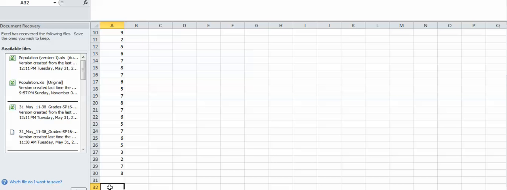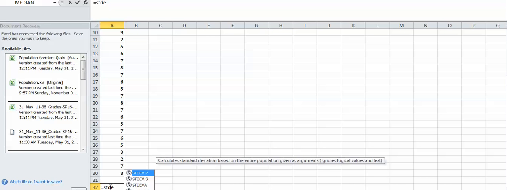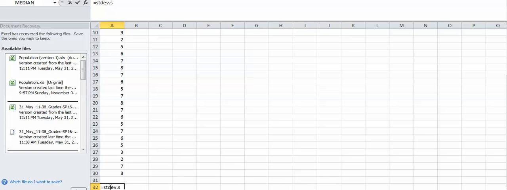I can calculate the sample standard deviation by typing in equals STDEV.S and then entering a left parenthesis. The .S stands for sample. If it was population, it would be .P.